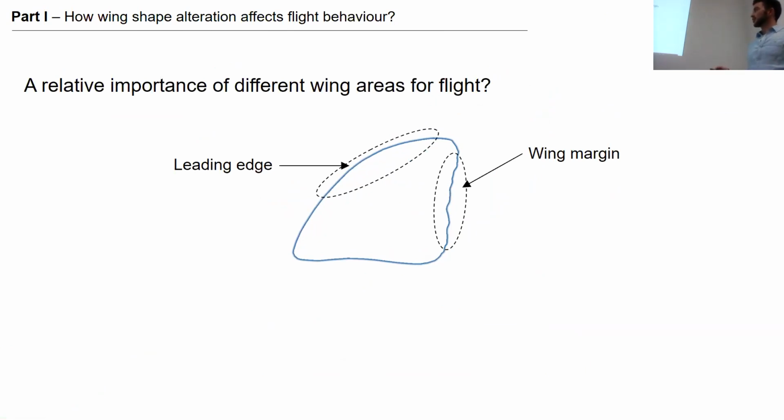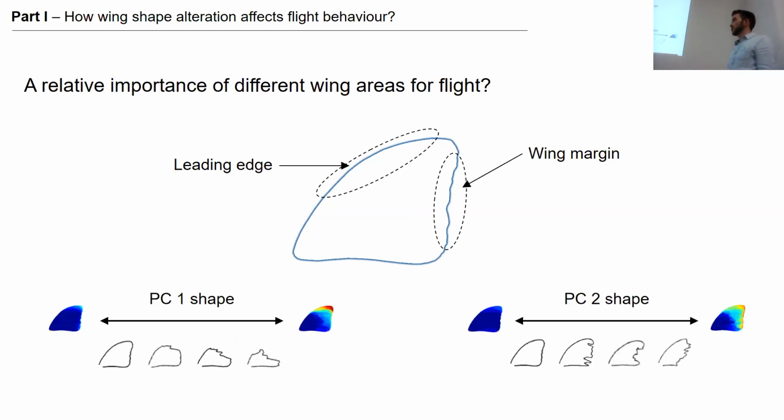I specifically tested whether the loss of wing surface along the leading edge or along the wing margin had similar consequences on flight. I was able to do this because I realized from my shape analysis that these different types of damages were reflected by the 2 main axes of variation, either coming from the upper side on PC1 or from the lateral side on PC2.